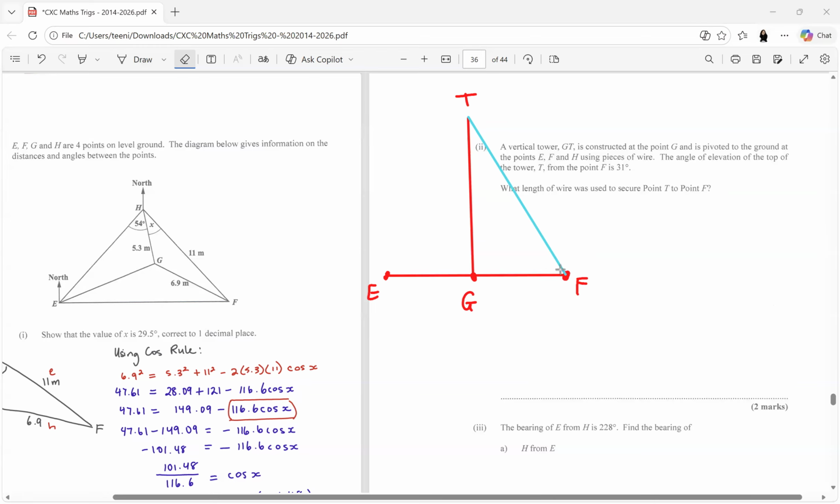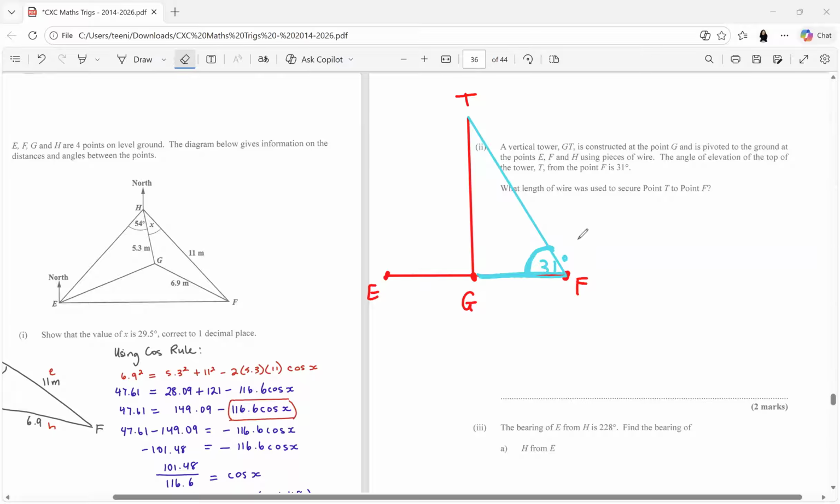So the angle of elevation of T from F is the angle between the horizontal line at F and the line connecting F and T, your line of sight. This is the angle of 31 degrees.